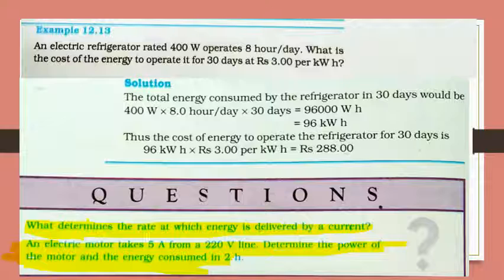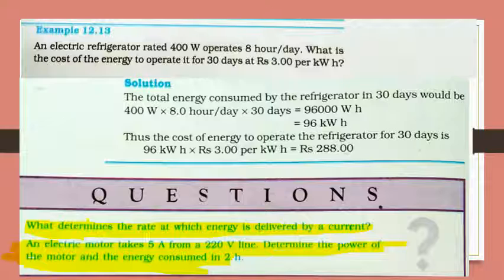So 400 into 8 hours per day into 30 days, that is 96,000 watt hour, that is 96 kilowatt hour. Thus the cost of energy to operate the refrigerator for 30 days is multiplied by the rate, that gives you rupees 288. So this is the cost of energy.